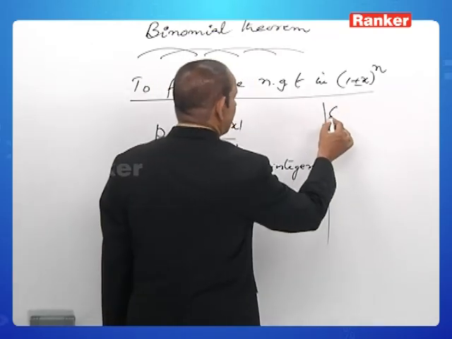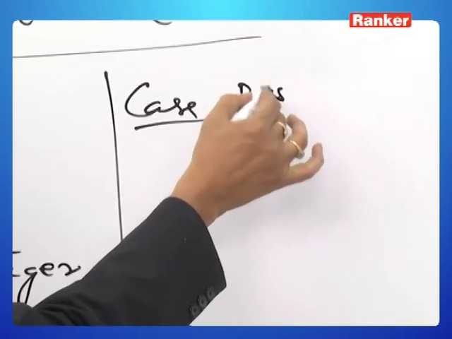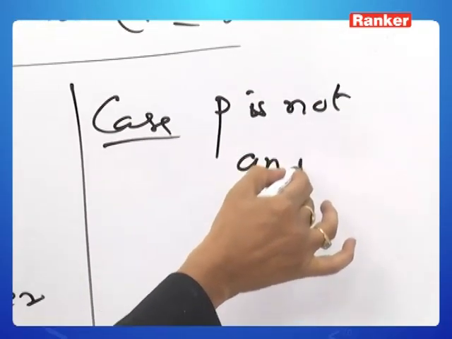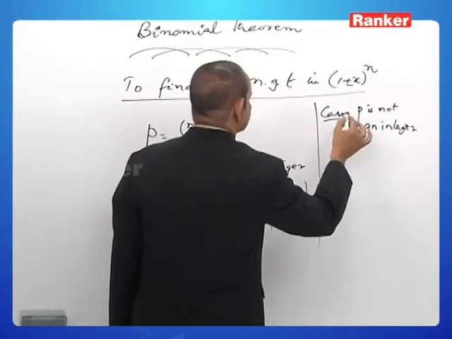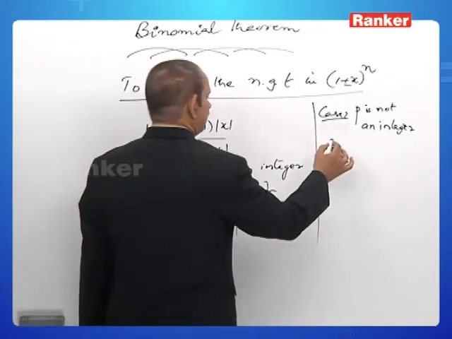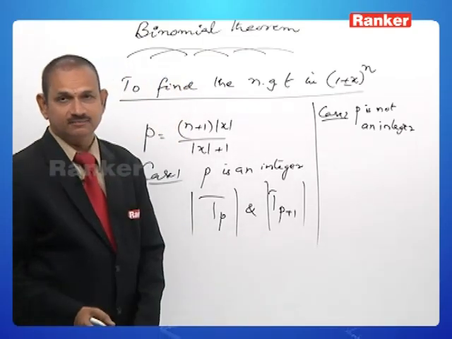Suppose, in the other case, p is not an integer. What happens in this case? This is case 2. If p is not an integer, then the integral part of p is an integer.